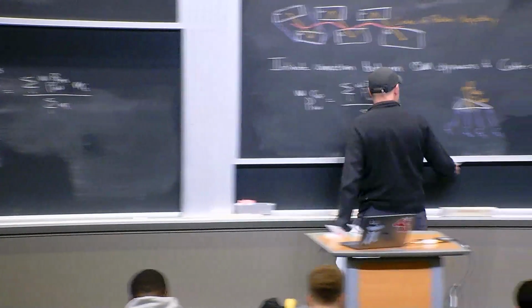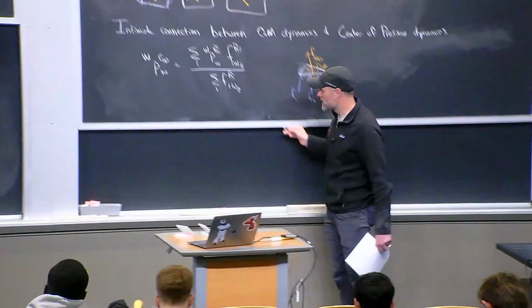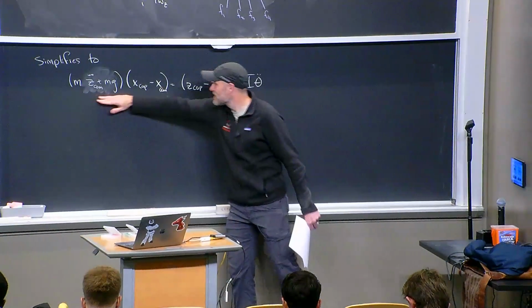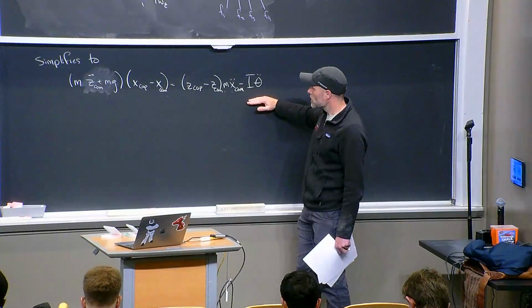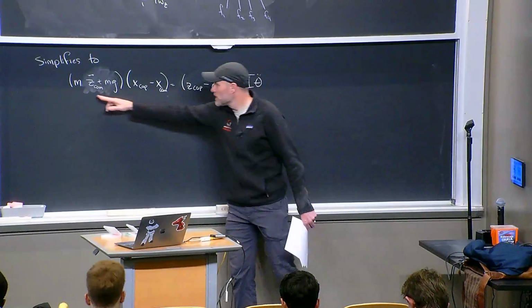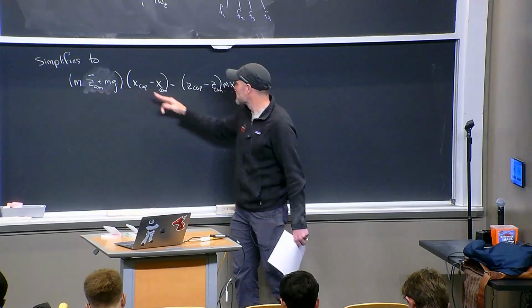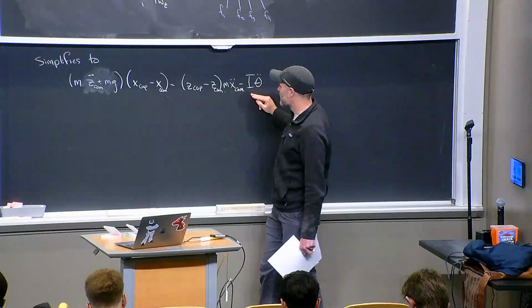Cool. Okay, so that's an abstraction that's still used today. I'll show you some videos of different robots. It's based on this set of equations here, which are a little bit nonlinear. They've got center of pressure times center of mass, and they've got an I theta dot hanging off the side here.